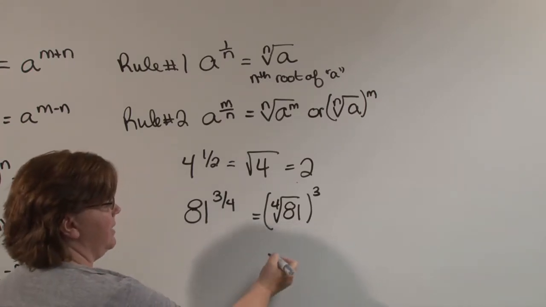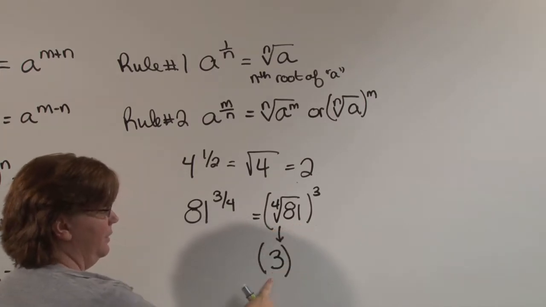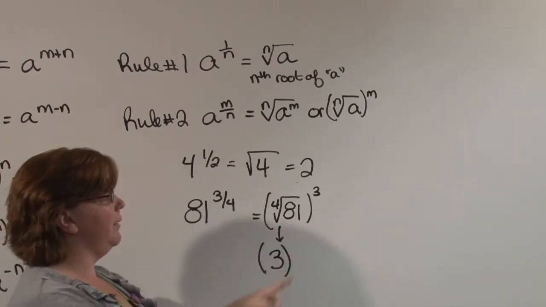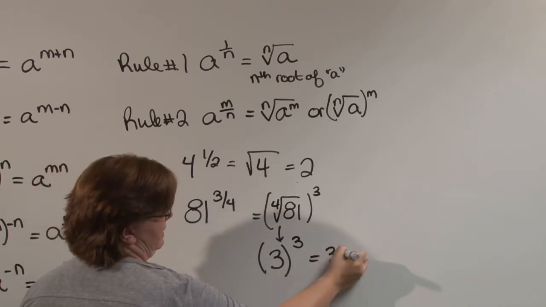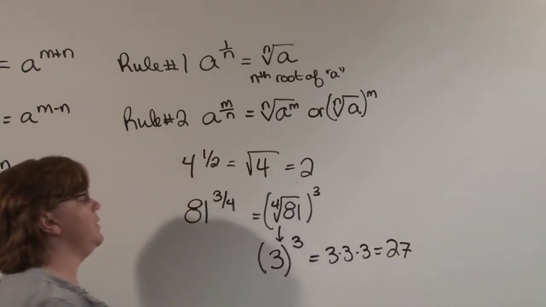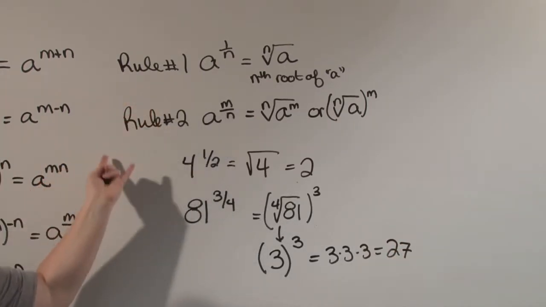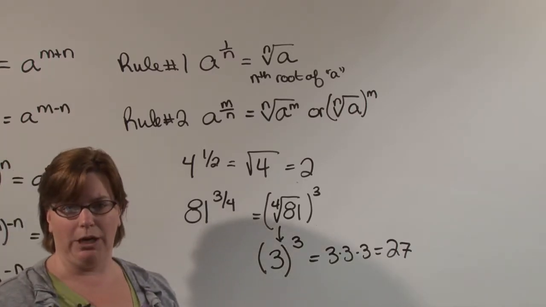And that is in fact 3. So now I'm taking 3 and I'm going to take it up to that 3rd power. 3 to the 3rd power is just 3 times 3 times 3, which is 27. So we can use this trick back and forth with these rules to help simplify problems that are bigger.